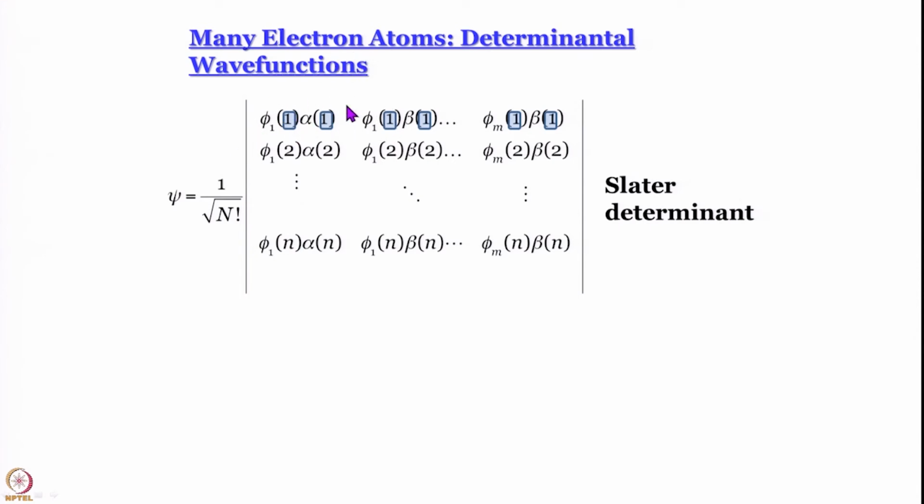Point number 2, why is it that we keep the label constant while going from left to right in a row? We might as well have kept the label constant while going from top to bottom in a column. It is a determinant. A determinant will remain unchanged if we just transpose it. So, why do we not do it? The answer once again is convention. See, Slater wrote it this way, and Slater is a famous scientist after whom these determinants have been named.